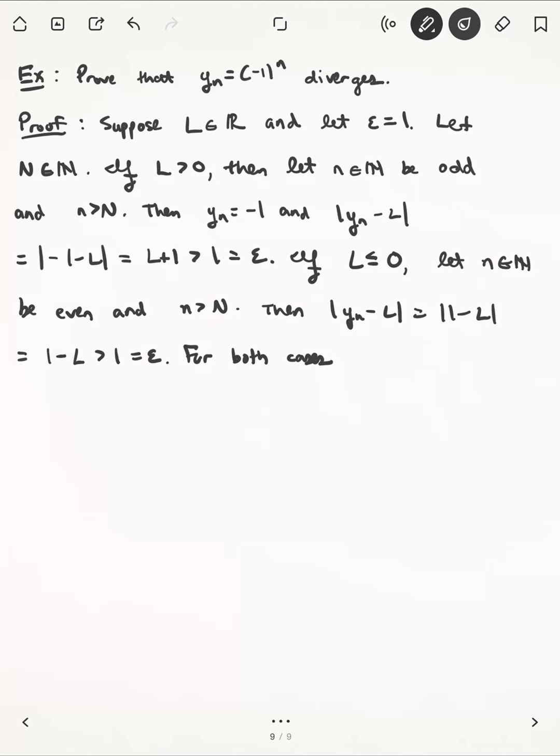For both cases, we have shown there exists a natural number n with n bigger than N with the absolute value of y_n minus L bigger than or equal to 1. And this is true for any real number.